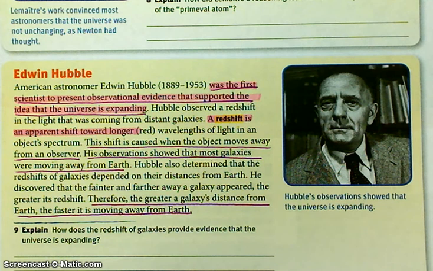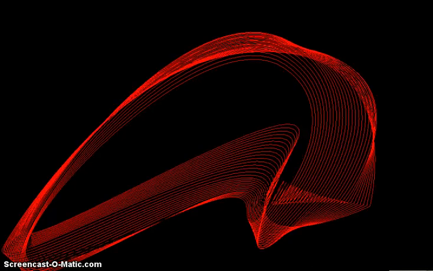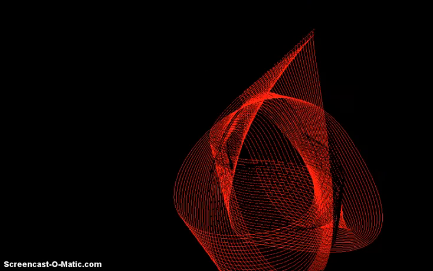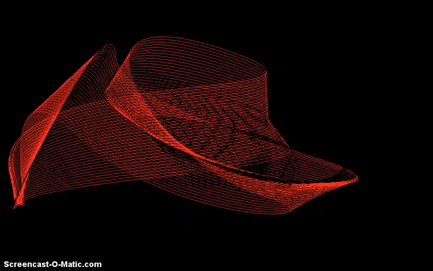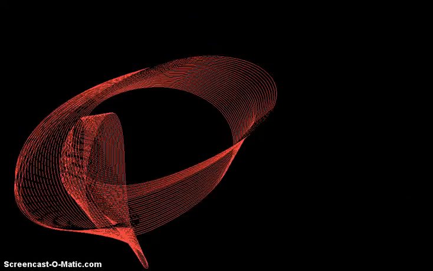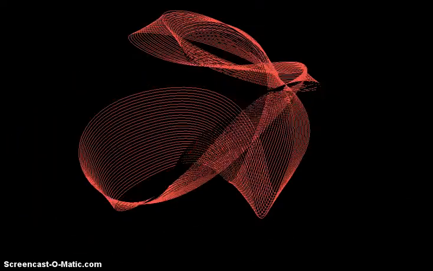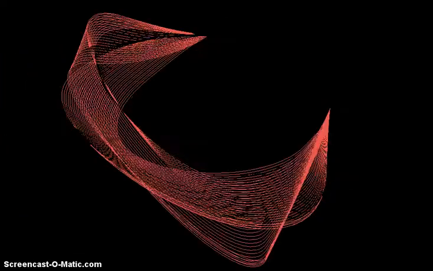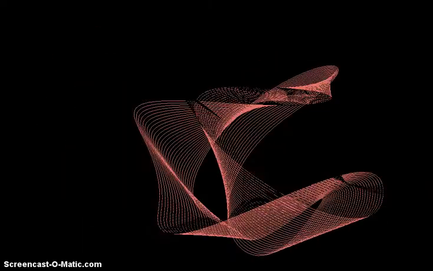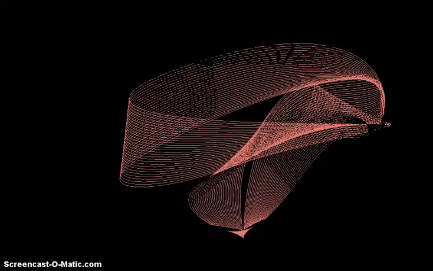All of your elements have sort of a fingerprint spectrum that's unique to them. And if those bars are shifted to the red end of the spectrum, that means the wavelengths are a little bit longer than they should be because the object's moving away. If those little bars for that spectrum are shifted towards the blue end of the spectrum, that means that they are shifted towards the shorter wavelength end because they are approaching us.